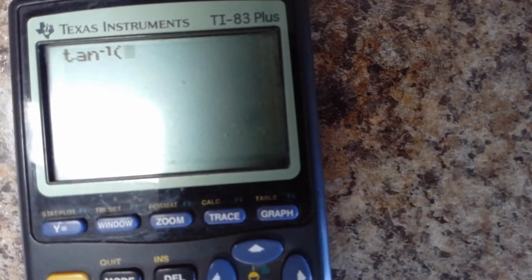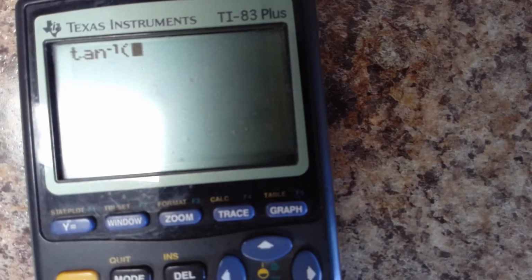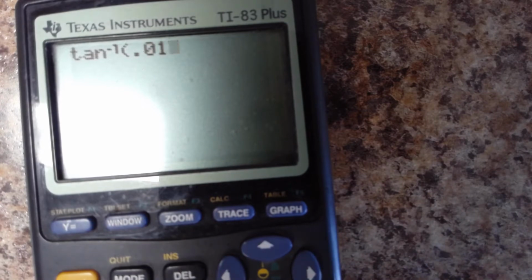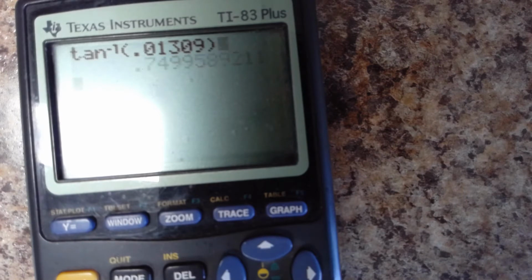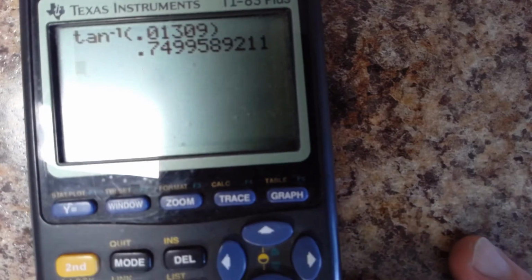Notice my tangent has a little negative sign next to it. That means tan inverse. And now I punch in the decimal that I got from dividing earlier. 0.01309 bracket. Voila! That angle there is a 75-degree angle. 74.9 or 75 degrees. 0.7499.